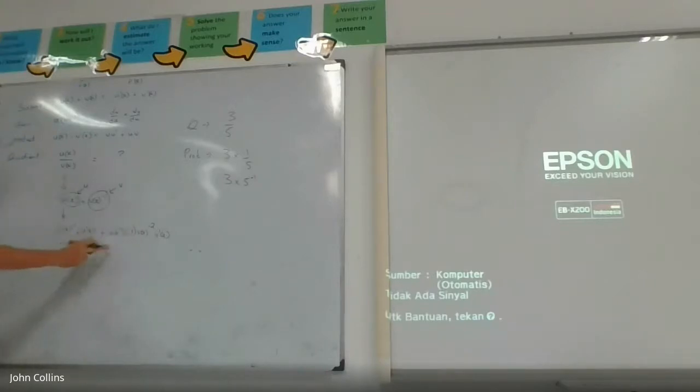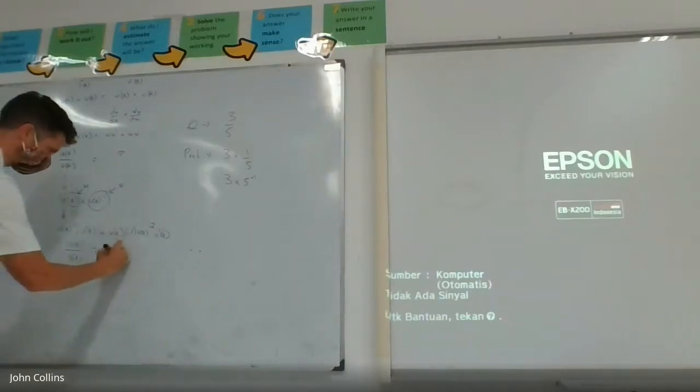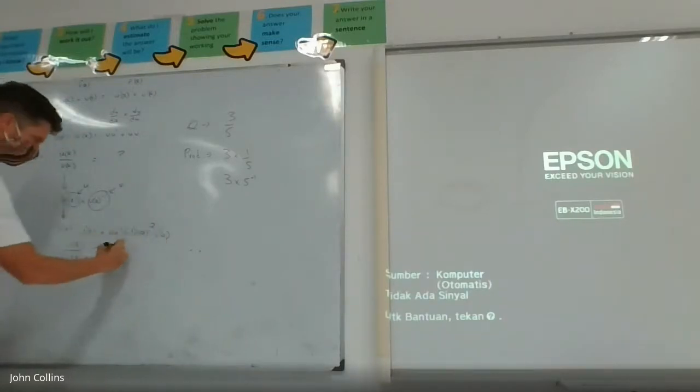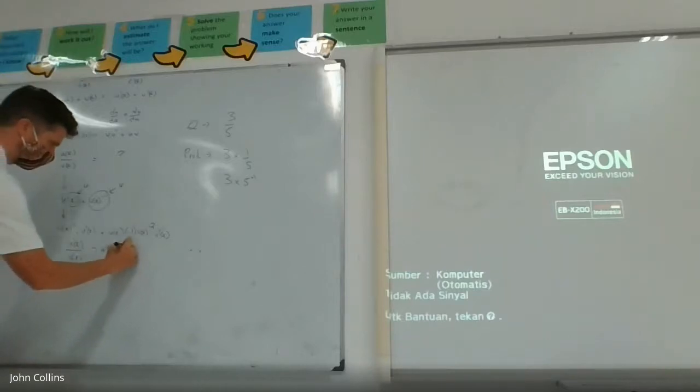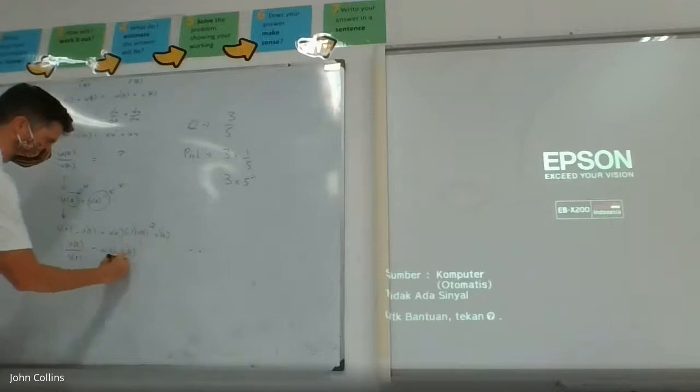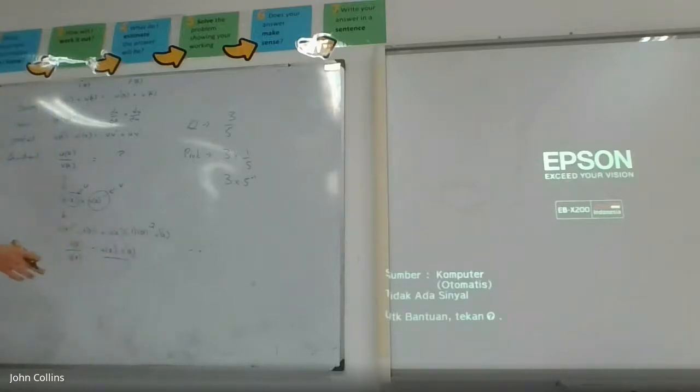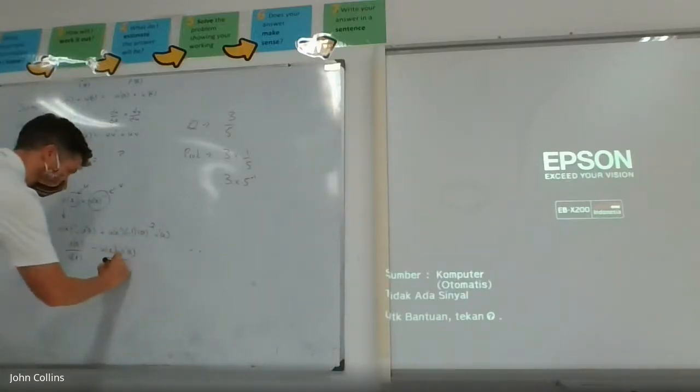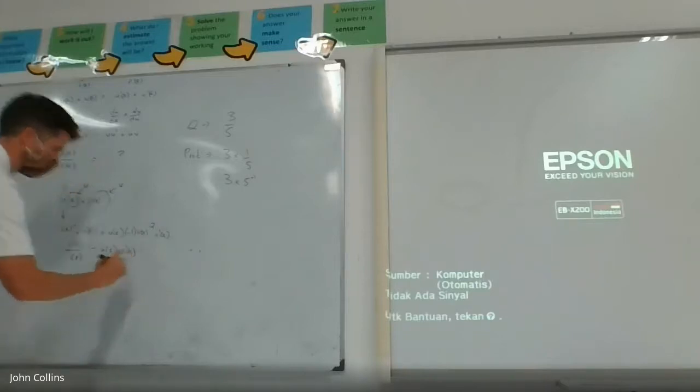It's going to be minus now, isn't it? Let's just make that all minus. Minus u to the x times v dash to the x. I'm going to divide, put that back down, put it positive. v to the x squared.